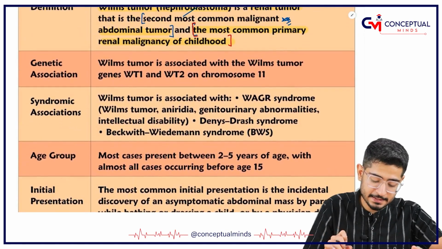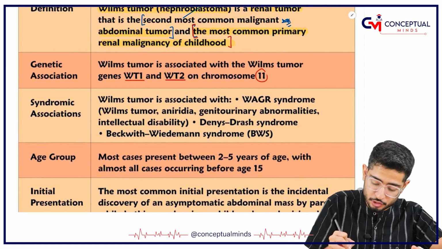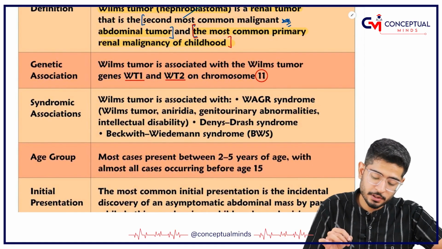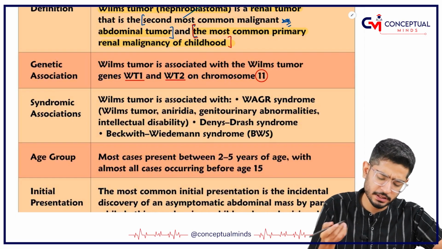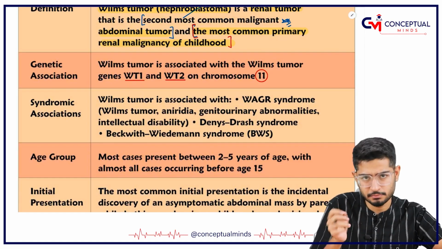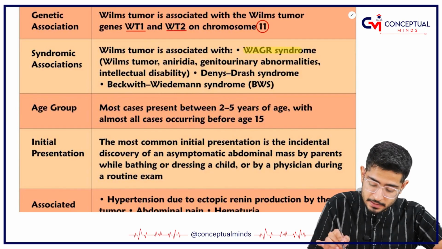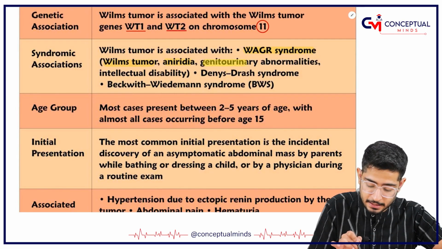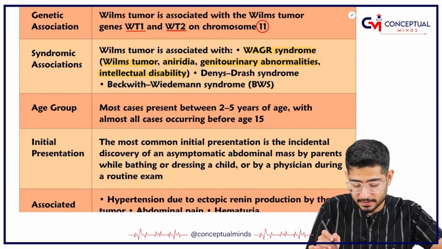Wilms tumor has the WT1 and WT2 genes on chromosome number 11. WT1 on chromosome 11, WT2 on chromosome 11 only, that's it. It is associated with WAGR, that is Wilms tumor, aniridia, genital abnormalities, and some intellectual disabilities also.